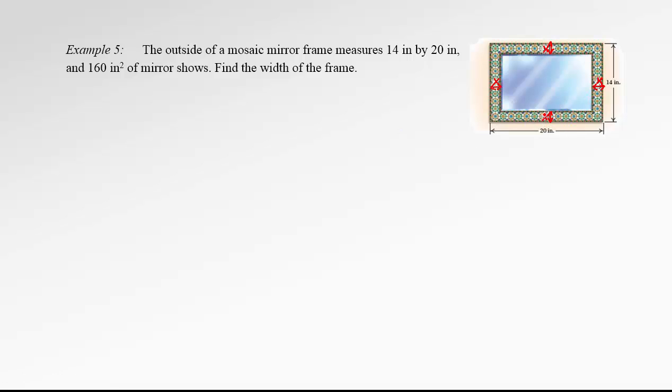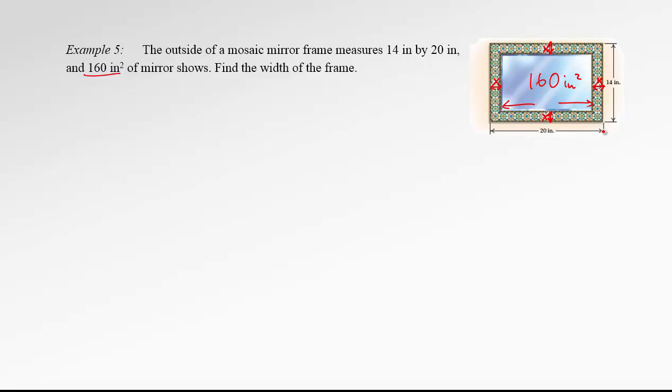Okay, to find this width x, we can use the information that 160 square inches of mirror shows. That means the area of the smaller, inner rectangle is 160 square inches. How do we find this area? Well, by multiplying the length and the width of the small rectangle. But how much is this distance from here to there?